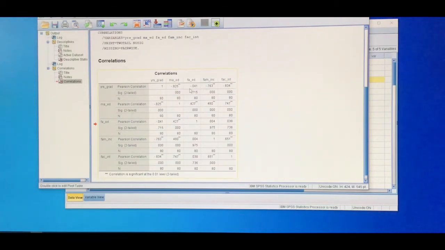Now, why do I have a negative value in front of the mother's education and the faculty, and all of it has a negative value here, right? What could be the reason? It's simply because it is a negative relationship.